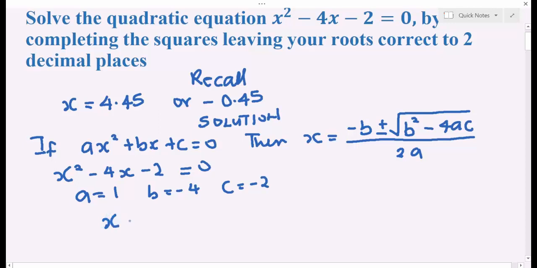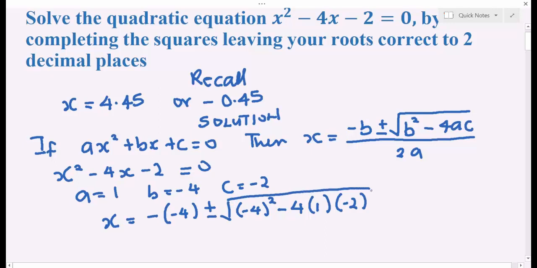So our x will become minus our b, which is minus 4, plus or minus the square root of minus 4 squared minus 4 into our a, 1, into our c, minus 2, over 2 into our a, 1.